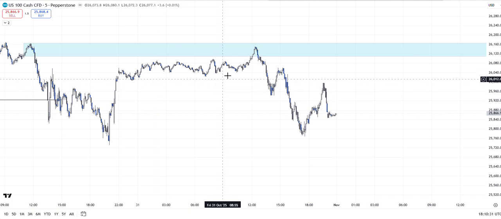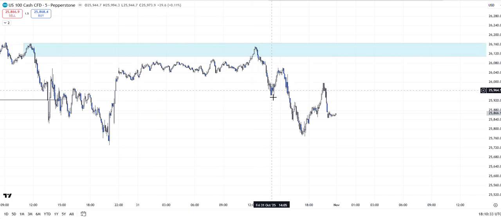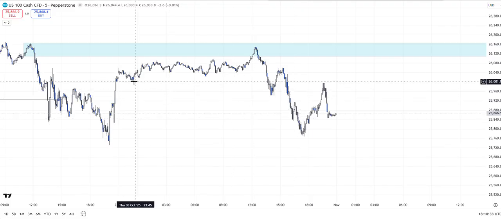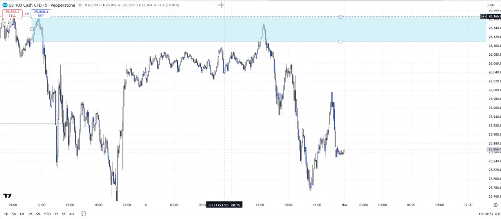So price comes up into this level, makes a low, fails to make a higher high, and so on. There is nowhere within this range that I can see a valid shock. Is there? There is. And there's a valid trade there, funnily enough, now that I just noticed it.